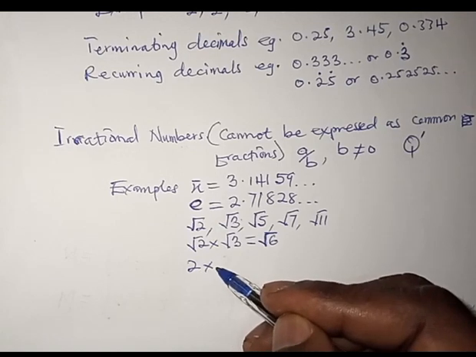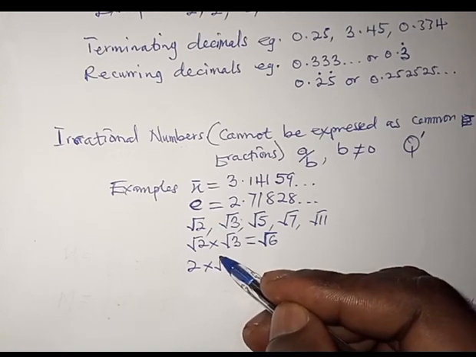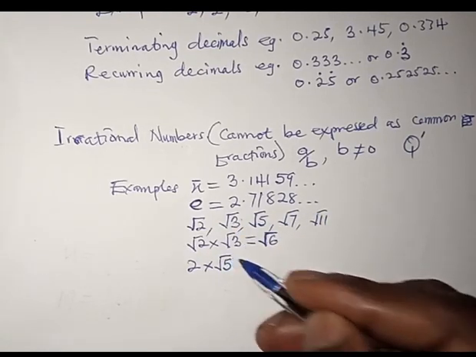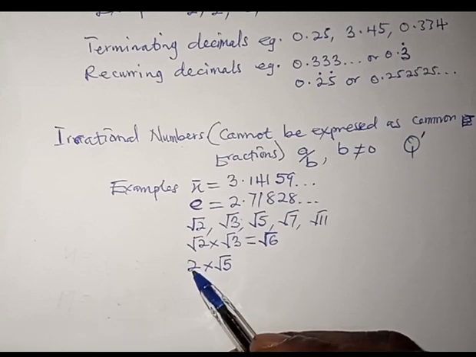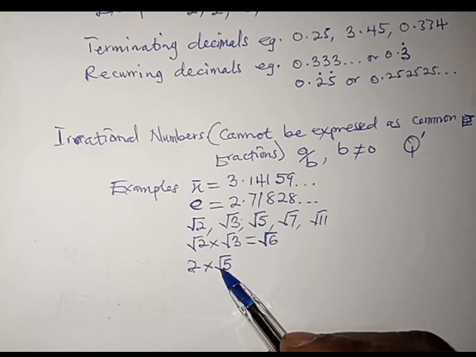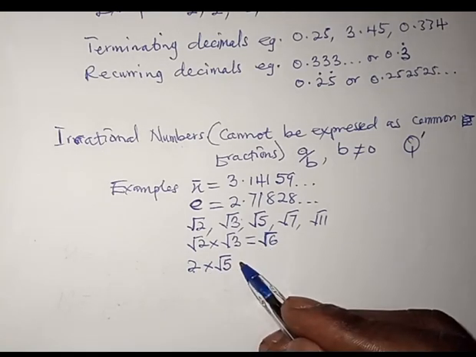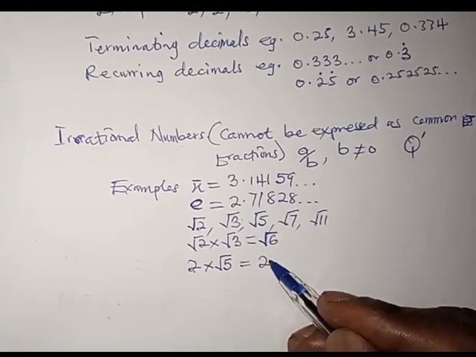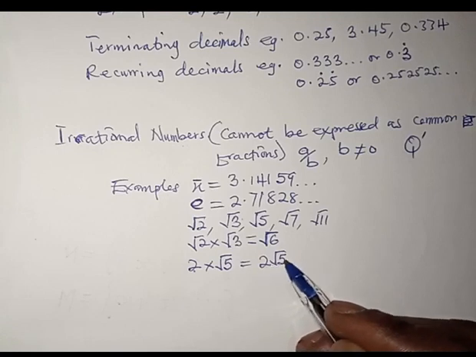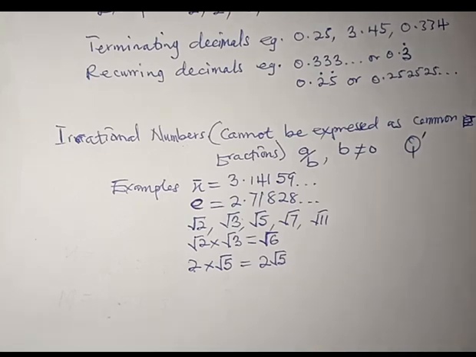If I multiply by an irrational number, let me pick root 5 here. These two are rational numbers, but root 5 is an irrational number. If I multiply these two, the answer I will get is 2 root 5. This answer you see here is also what? Irrational numbers.